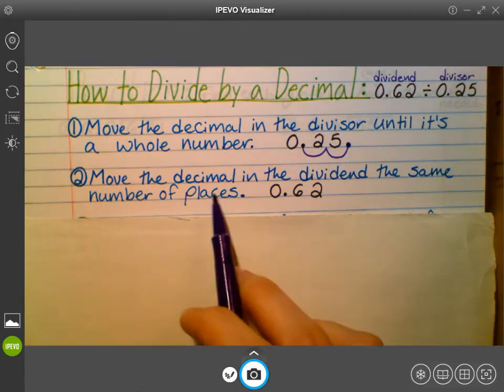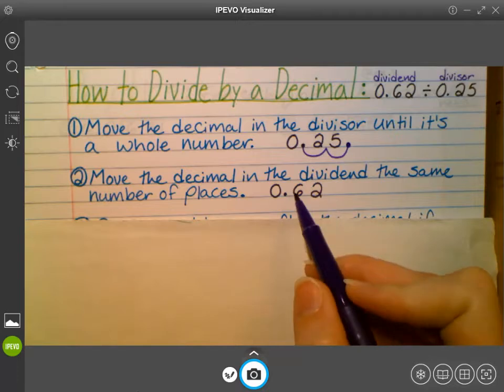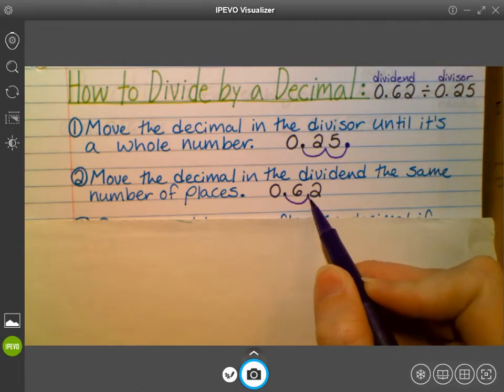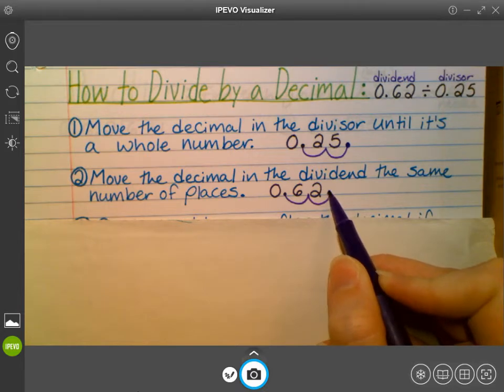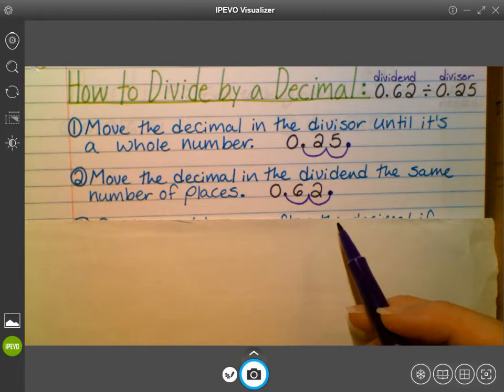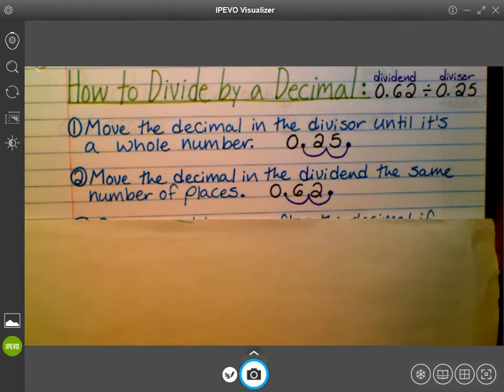So if we move the decimal in the dividend the same number of places, then we have to move it over 2 times as well. 1, 2. Now, like I said, if there was another number after that 2, it would go between the 2 and whatever number that is. Doesn't mean we make both of them automatically a whole number. It just means we move the decimal the same number of times.